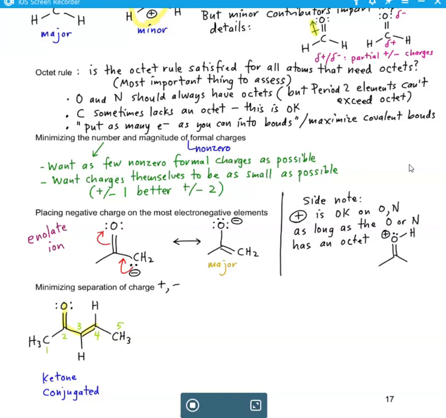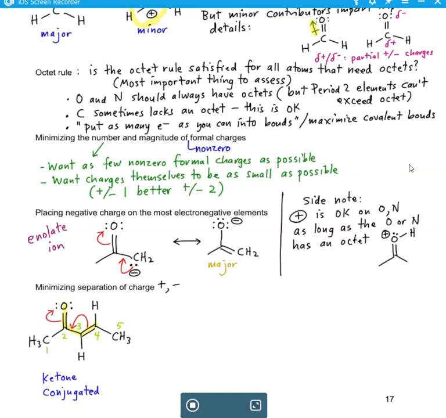Okay, so the resonance that we're going to invoke is going to be the following. We're going to start an arrow at the carbon-carbon double bond between carbon 3 and carbon 4. So start an arrow there and push a pair of electrons over to between carbon 2 and carbon 3, which necessitates moving a pair of electrons away from carbon 2.